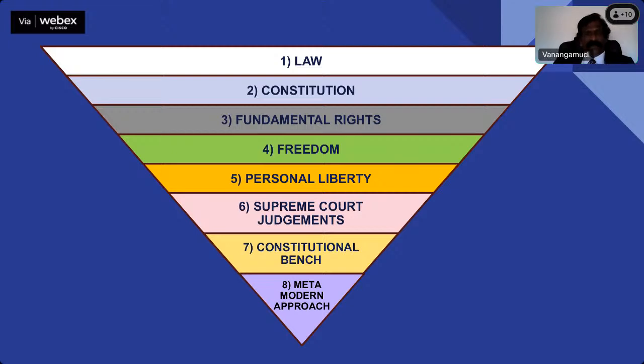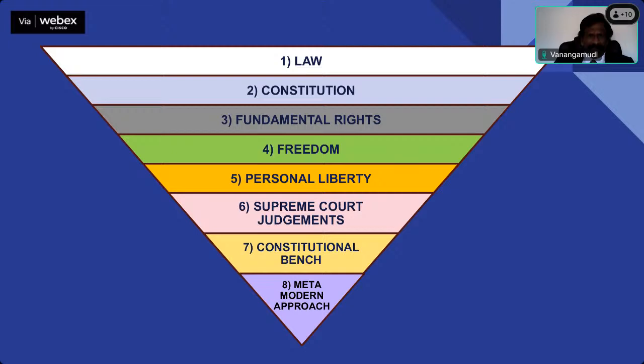For a better understanding of students of constitutional law, international law and human rights law: from 1950 we have around 75 years of Supreme Court constitution bench judgments.